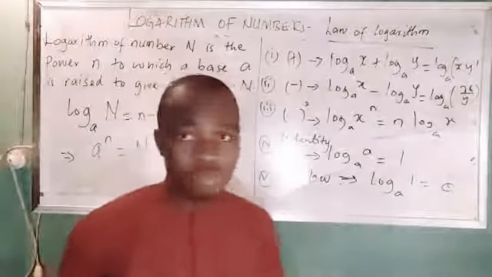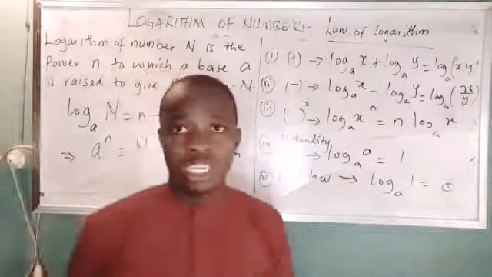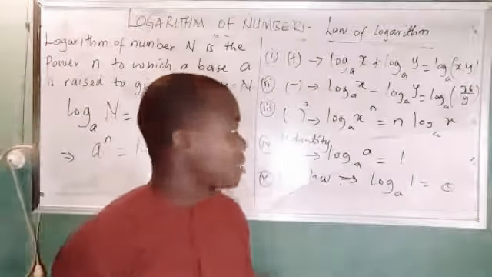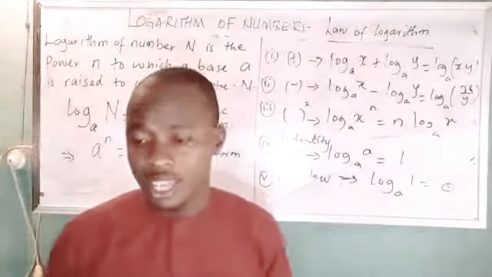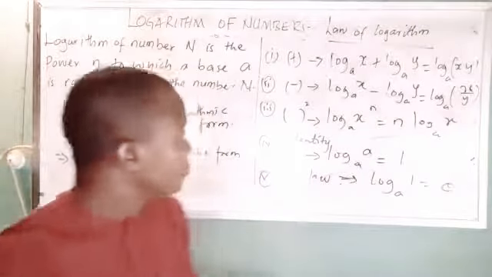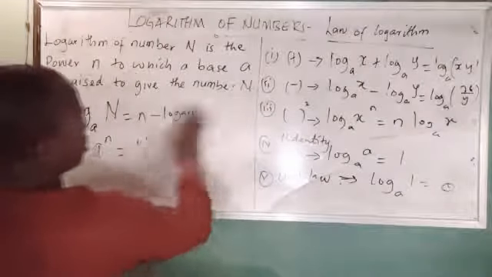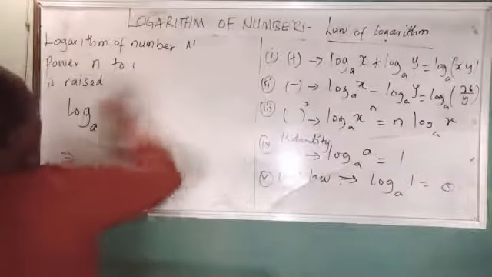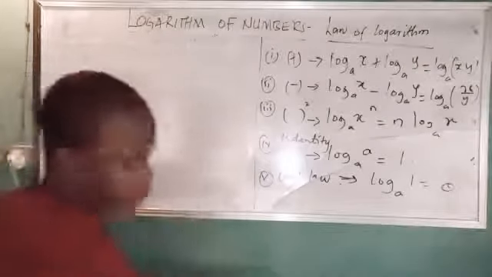By the way, I would like us to make attempts to do one or two or three examples. So we are going to look at this problem, then we solve together.